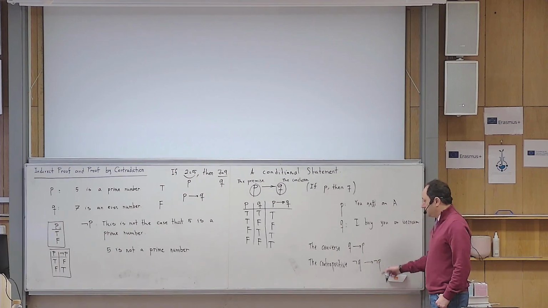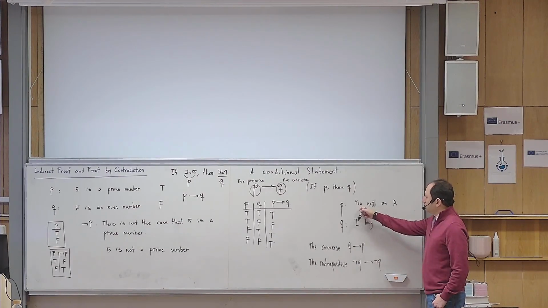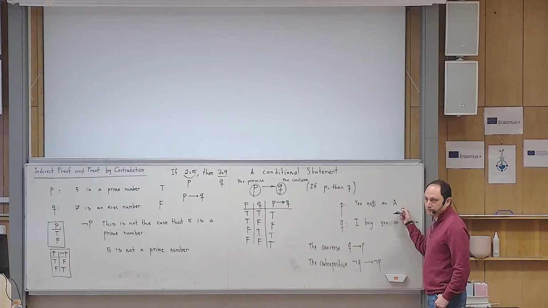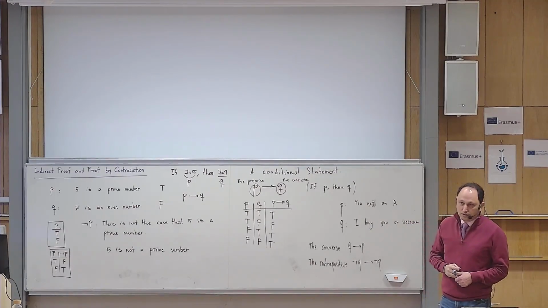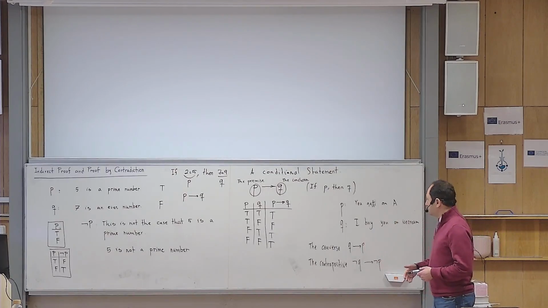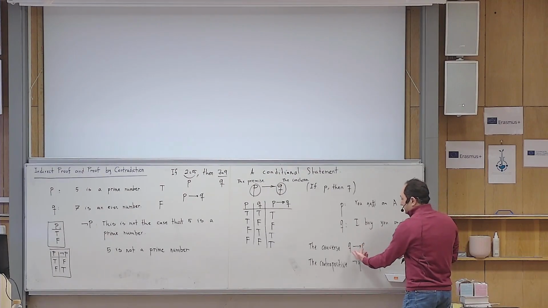If I want to read this: if it is not the case that I buy you an ice cream, then you don't get an A. And now what do you feel about this new sentence? Our agreement was, if you get an A, I will buy you an ice cream. When I just simply swapped them and read the statement for you, you felt that this is not the same.